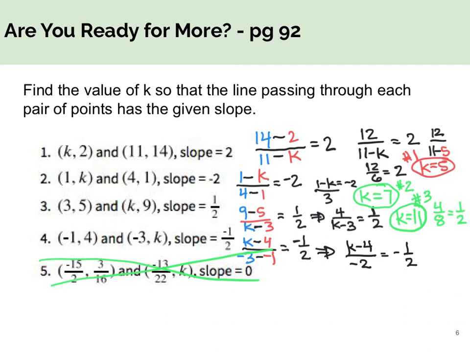So I can think about this as the 2 is going to be the negative, right? Because as long as one of the numbers in the fraction is negative, the whole entire thing is negative. And then I need a number minus 4 that will equal 1. Let's think about it. If I do 5 minus 4, that will equal 1. So our k number is going to be 5, and this is number 4.